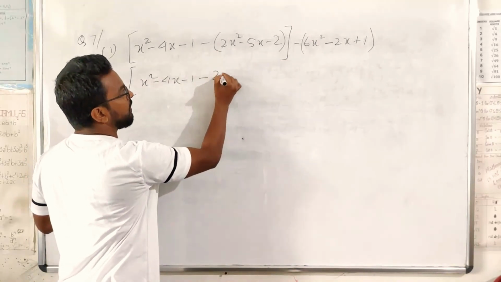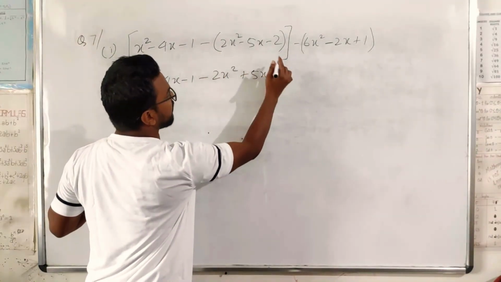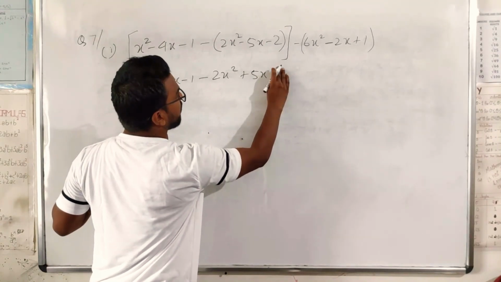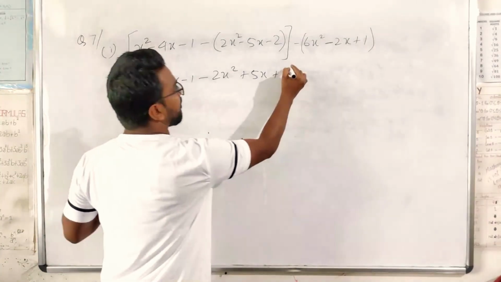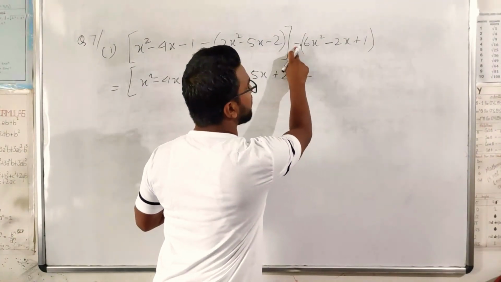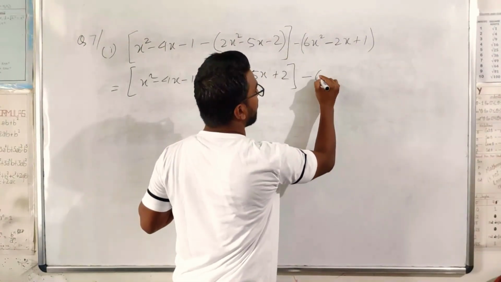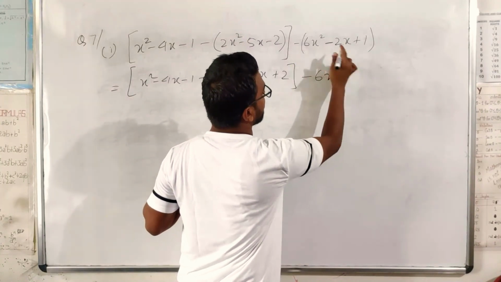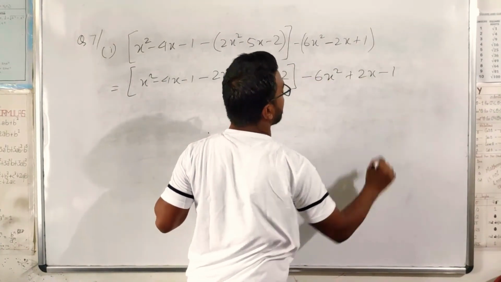Minus plus, it will be minus, minus minus, it will be plus 5x, minus plus, it will be minus minus, it will be plus 2. Okay, this part is solved. Minus, again this minus sign you will multiply with that expression, that is 6x square, so it will become minus 6x square minus minus plus 2x minus plus, it will be minus 1.